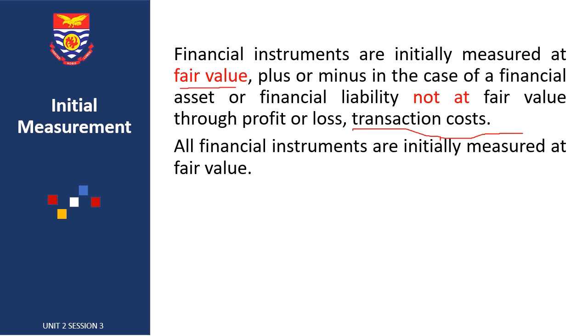If it is a financial asset, you add. That is a plus. If it's a financial liability, you subtract. So you have to look at the perspective. Who are you preparing the statement for? Is it the issuer or the holder, the acquirer or the issuer?